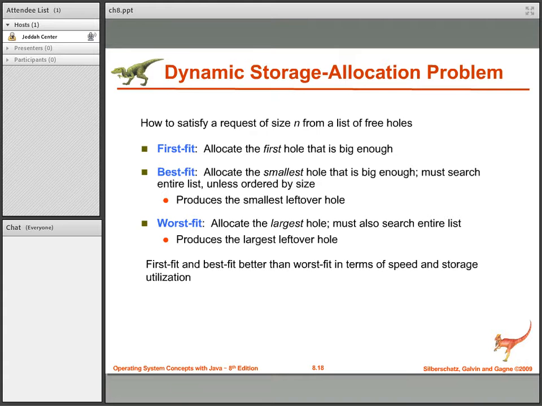The second algorithm is the best fit algorithm. In this case, we allocate the smallest hole that is big enough.